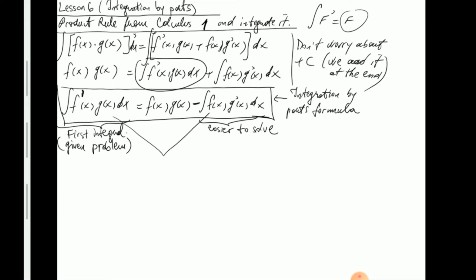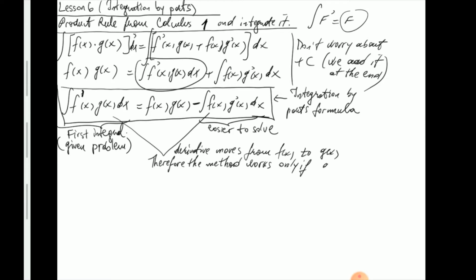So if you look at these two terms, the derivative moves from f of x to g of x. So therefore, the method works only if g prime of x is easier or simpler than g of x.